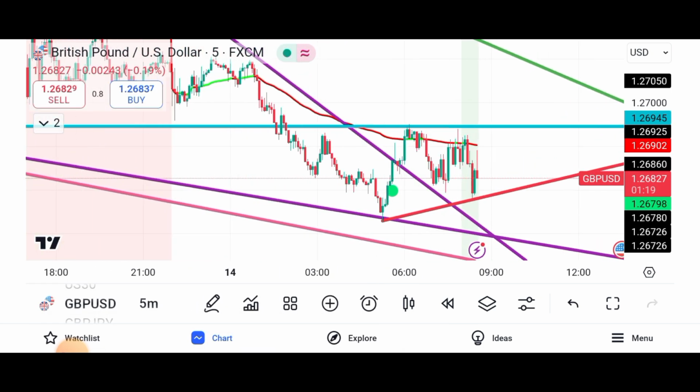As you can see on the 5 minute chart, this is what is happening. The way I see it, I feel like it is gonna break out and continue going down. But yeah, only time will tell. Let's just wait.